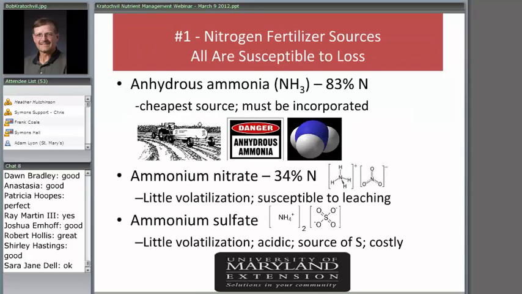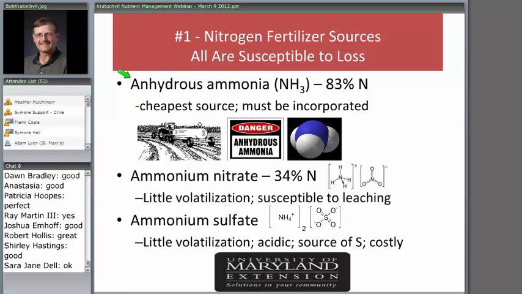All right, let's look at the various nitrogen fertilizer sources that are out there. The first thing to remember is all of them are susceptible to loss. Anhydrous ammonia, very cheap source of nitrogen. In the Midwest, it is the primary source of nitrogen. 83% nitrogen, very economical.